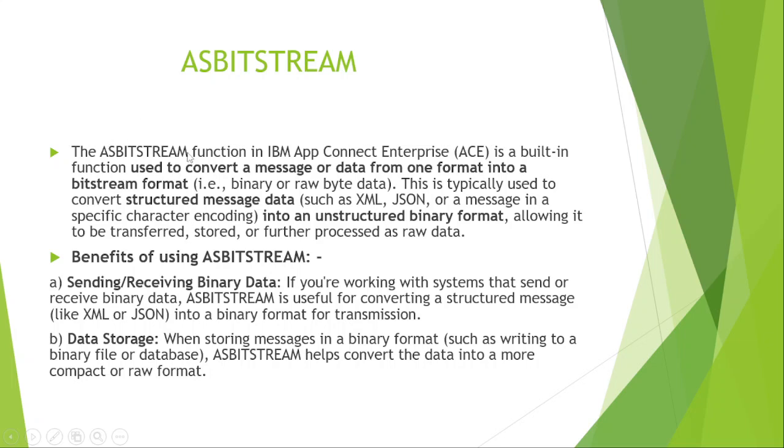The ASBITSTREAM function in IBM is a built-in function used to convert a message or data from one format to a bit stream format, that is, binary or raw byte data.